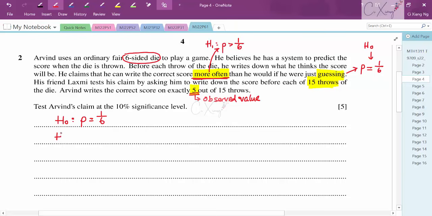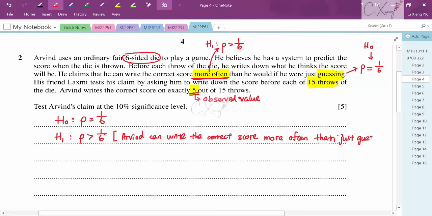And for the alternative hypothesis, I'm having the probability p greater than 1 over 6. So p greater than 1 over 6, what is the meaning of this alternative hypothesis? It means that Arvin can write the correct score more often than just guessing.